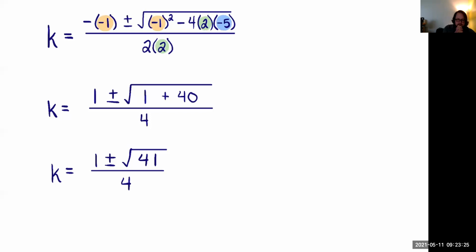Here's the problem, though. We still have that square root there. And off the top of my head, I don't know what the square root of 41 is. And some of us may not necessarily know what the square root does. So if you have a calculator handy, go ahead and grab that. If you'd like to grab one of mine, please go ahead and do so.